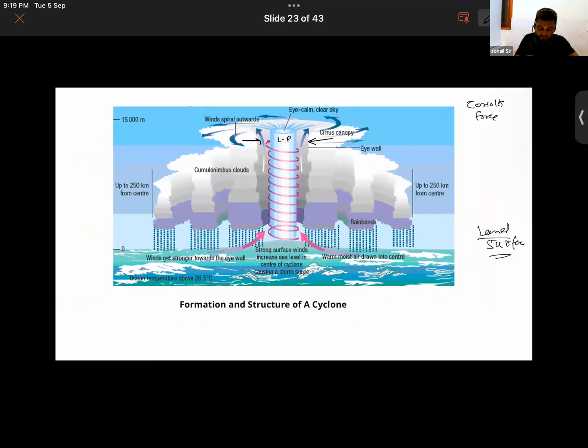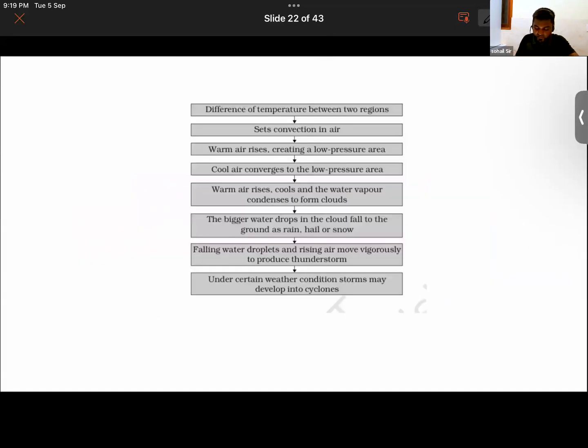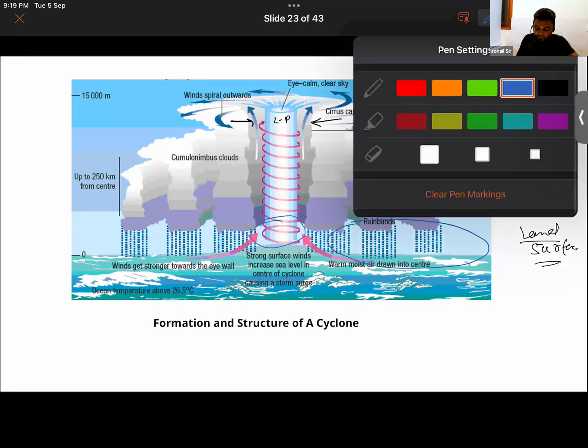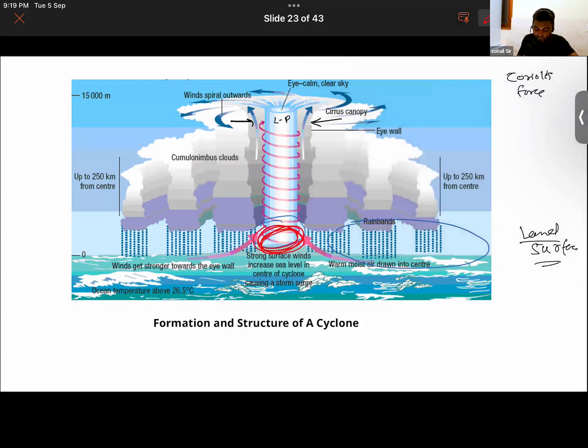Getting it now? So we can conclude the steps in the following manner. There is a difference of temperature between the two regions. This region and this region are having different temperatures. Suppose this region of the water vapor were being heated up more, so the air started to rise up.